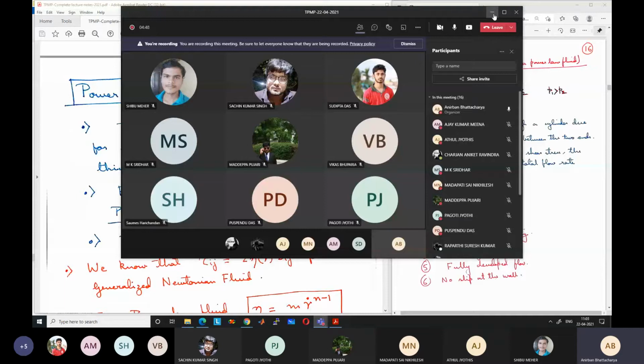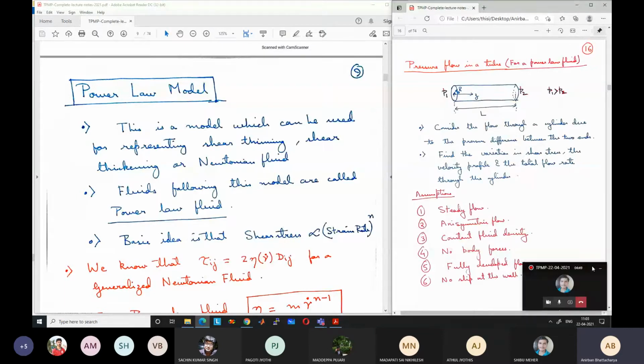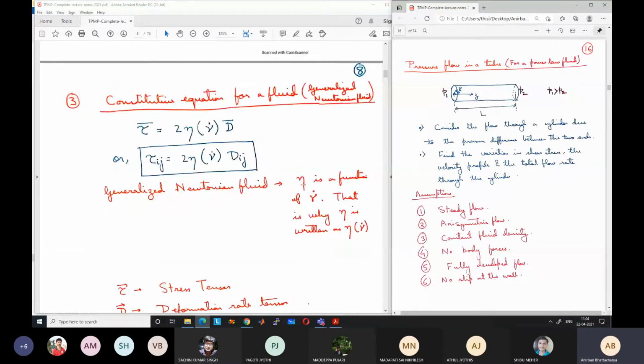So we were discussing non-Newtonian fluids, and we had discussed different types of non-Newtonian fluids. We had a basic discussion, and then we went into more detail on one specific type of non-Newtonian fluid, which is known as generalized Newtonian fluid.